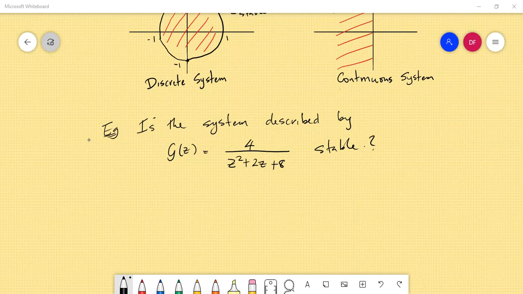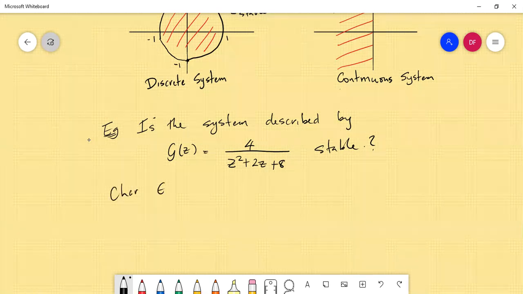What we mean by the poles, or characteristic equation, is z squared plus 2z plus 8 equals 0.